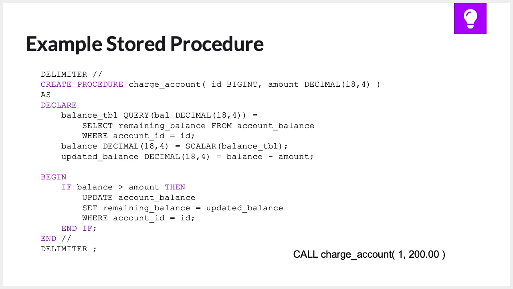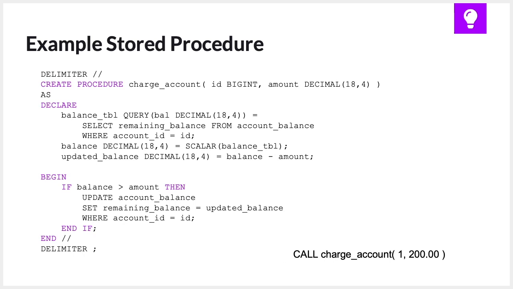In the next variable called balance, we pass the query variable into a scalar function, which simply executes that query and returns a single value, in this case, a decimal. Then the third and final variable is just the updated balance, which is the balance subtracted by the amount, and hopefully this is a positive number.